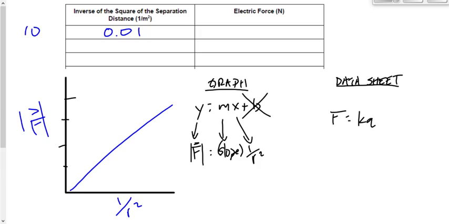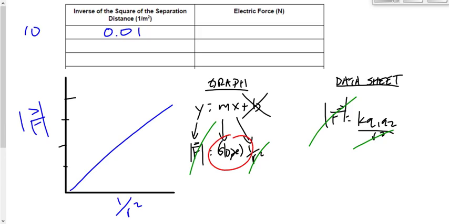Good. F is equal to k q1 q2 over r squared. There's another one for Newton's law of universal gravitation, but of course we're going to pick the one that's relevant to this lab. Now we're going to cross off things that appear in both. F appears in both. r squared appears in both. What am I left with?